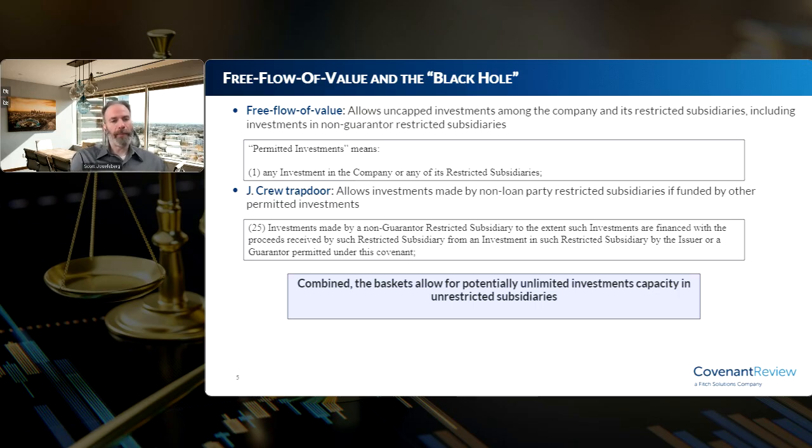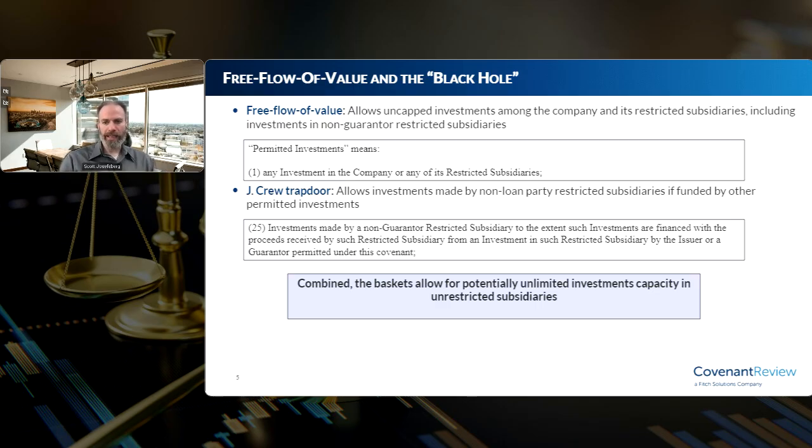So instead of a capped basket, we have high yield bonds having an unlimited basket for investments in non-guarantor restricted subs. And paired with the J.Crew trapdoor, this creates unlimited capacity, and that's why we call it the black hole. An unlimited amount of assets can be stripped from the guarantor group, removed from the collateral, put into unrestricted subs, and leading to structurally senior debt on those unrestricted subs.